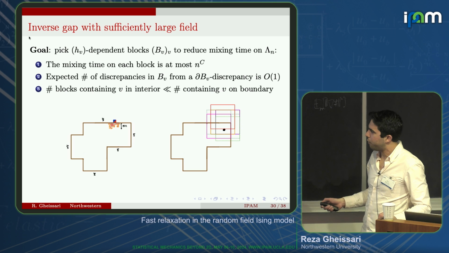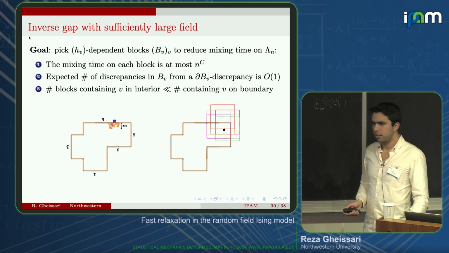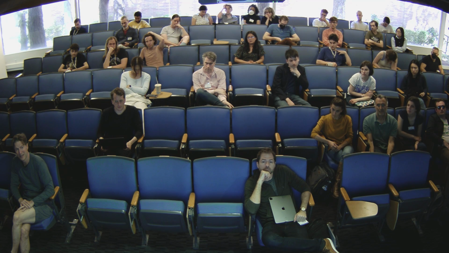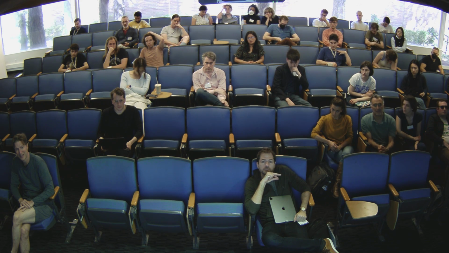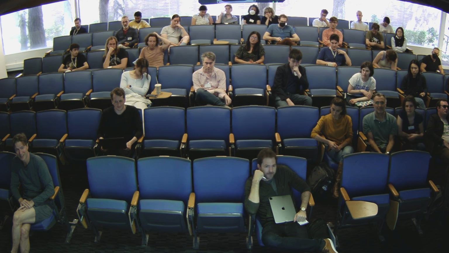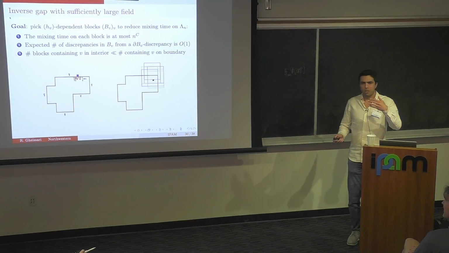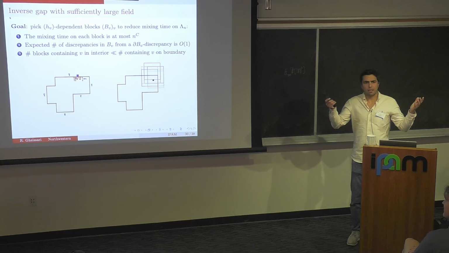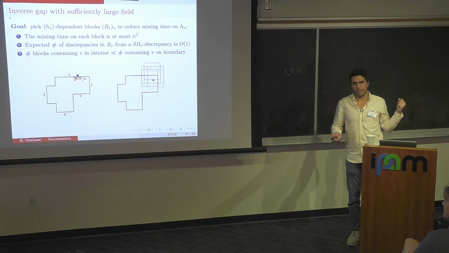And in this picture, if there's a vertex here that's on the boundary of this box, there's a lot more boxes that have it in their interior. It should be the other way around. Which one? Yes, much bigger. Sorry, thank you. The point is, when it's on the boundary, when I update that box, it creates discrepancies. You're trying to do some path coupling. When it's on the interior, it gets resolved.